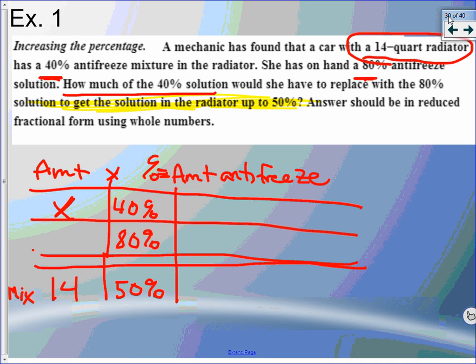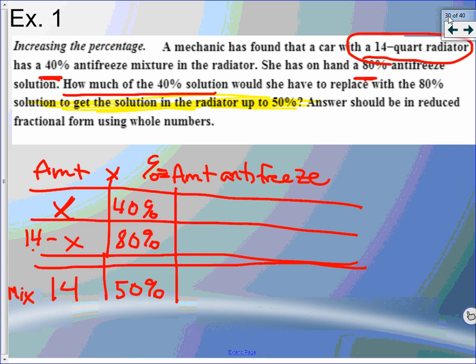I'm just saying it as an example, to get people to think about what it would be. Would it be 14 minus X? It would be. So the way you calculate the remainder is you take 14 minus X, because you used up X quarts of space. You have 14 minus X quarts remaining.